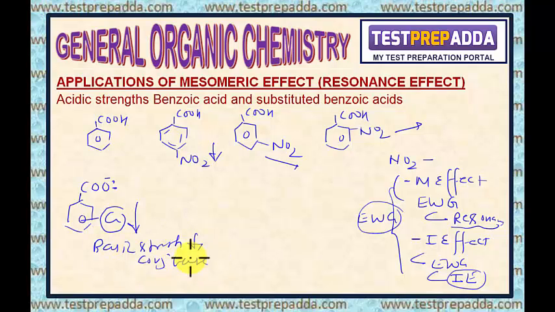If the basic strength of the conjugate base decreases, the acidic strength of the parent increases according to conjugate acid base theory. That is why the last will be what? The last will be benzoic acid.